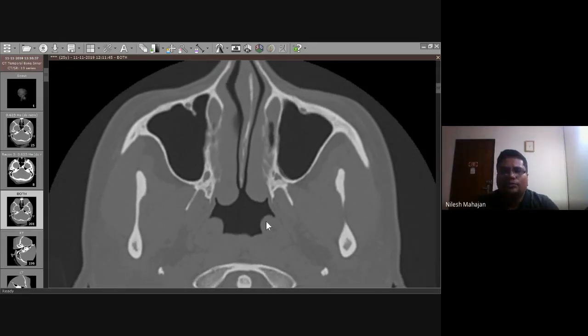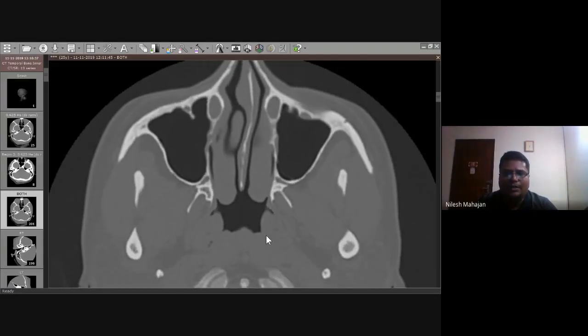Why I am telling you: suppose you got films printed for your nasopharyngeal carcinoma in this area, which is occluding your eustachian tube. Suppose this nasopharyngeal carcinoma is not at this level but at some other level, some upper level here.